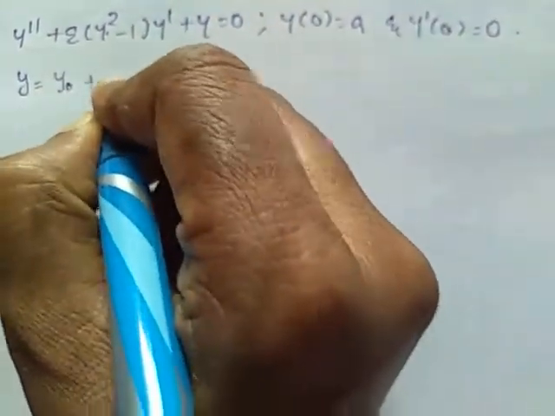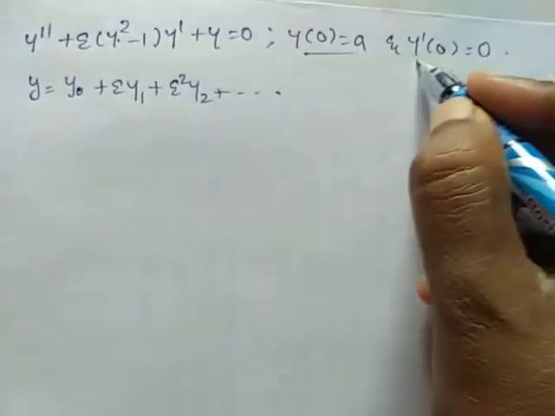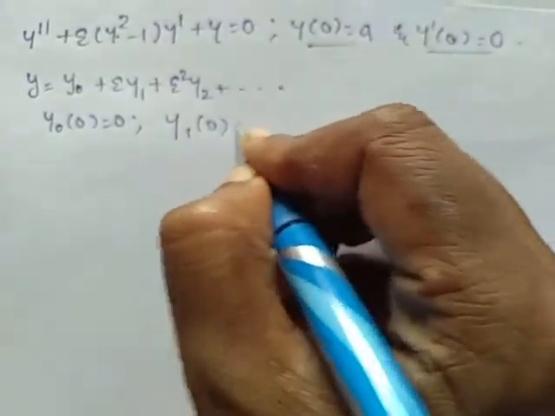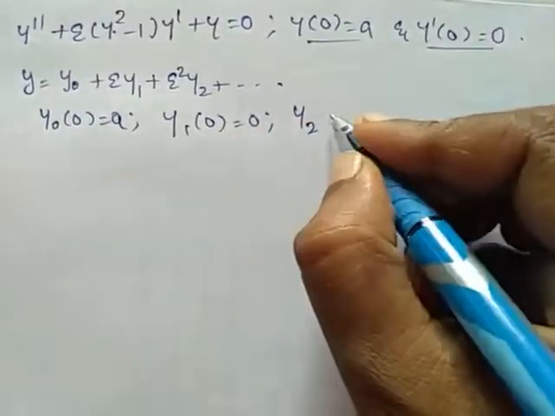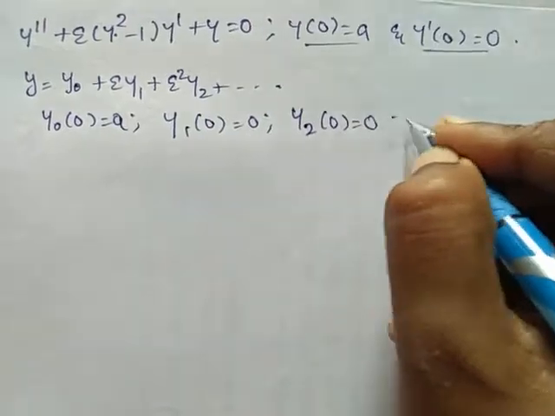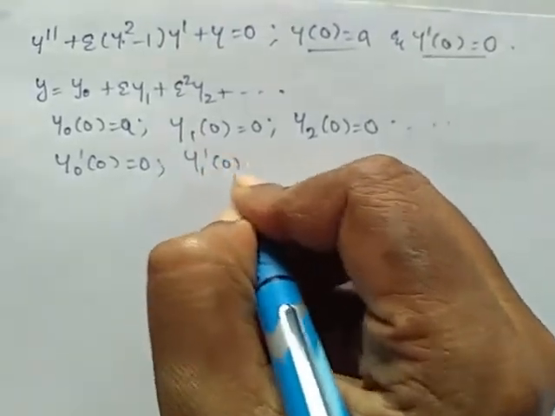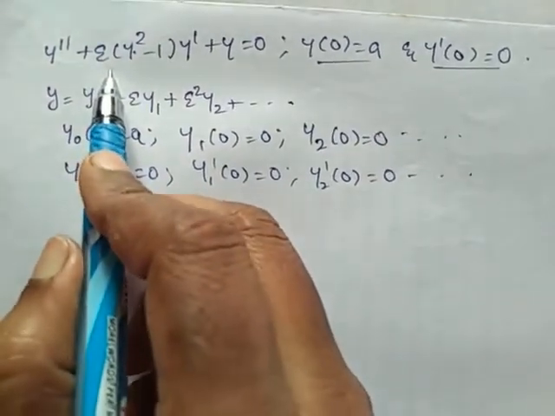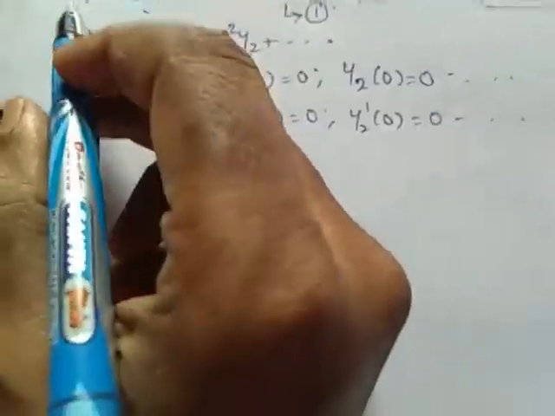So our solution is y naught plus epsilon y1 plus epsilon square y2 etc. Using the initial conditions, we get y naught of 0 equal to a, y1 of 0 is 0, y2 of 0 is 0 etc. Similarly, y naught dash of 0 is 0, y1 dash of 0 equal to 0, y2 dash of 0 equal to 0 etc. So when we substitute the values of y and its derivative in the given problem, we will get its second derivative.